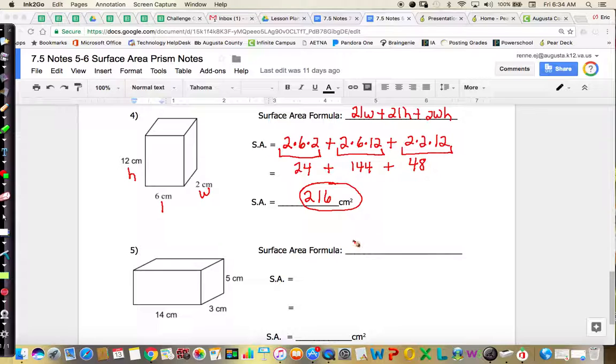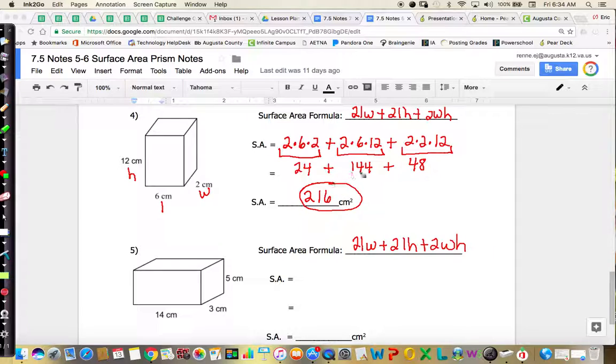So if you pause the video, welcome back. So 2LW, write the formula first, plus 2LH plus 2WH. So there's always 4 steps to this. We got the formula, we replace the letters with the numbers, we figure out what each of the 3 parts are, and remember, this is the top, the side, and the front.